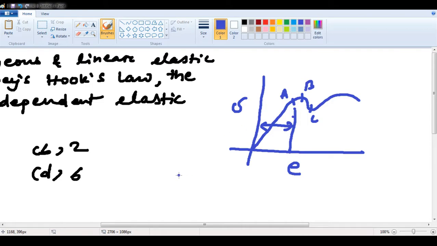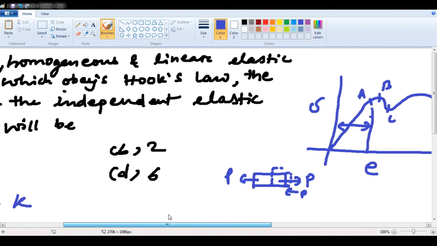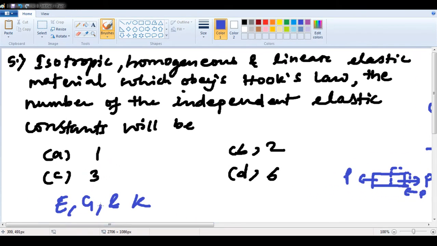If I give a pull P, the body increases in length, or if I give a compressive force, it decreases in length. This increment or decrement is because of the elasticity and plasticity of a body. So E, G and K are the elastic constants, that is your Young's modulus, modulus of rigidity and bulk modulus, correct or not?